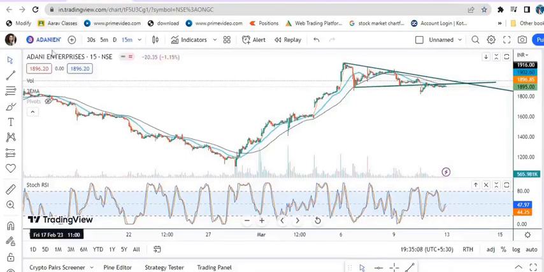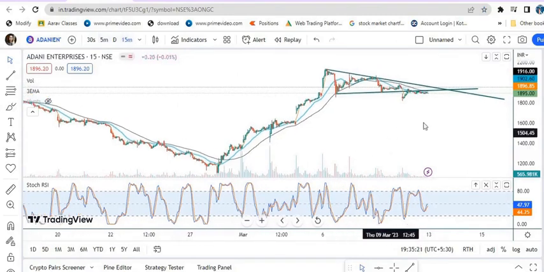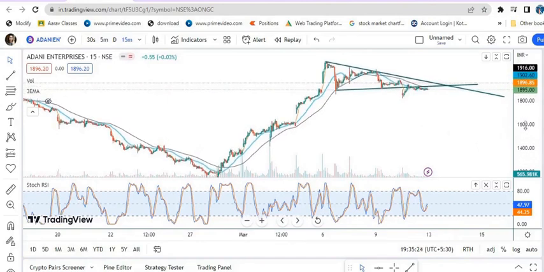Go to TradingView, enter Adani Enterprises. So this is the chart. For day trading, we need to select the time frame of 15 minutes or 5 minutes. If you are having any favorite strategy, you can analyze the chart using that strategy.